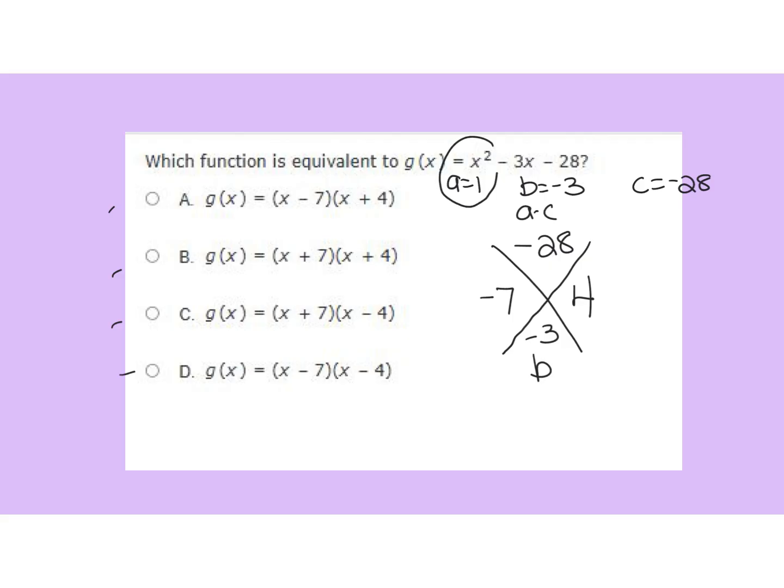Now, because my a value is equal to 1, I can simply split my x into two separate binomials. And I know one of my factors is x minus 7. The other factor is x plus 4. And we can check it by putting it back into the box and multiplying it.